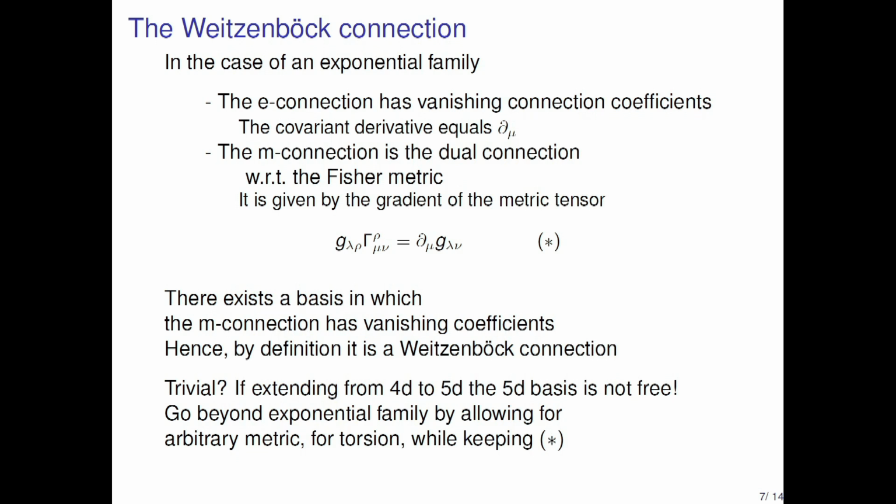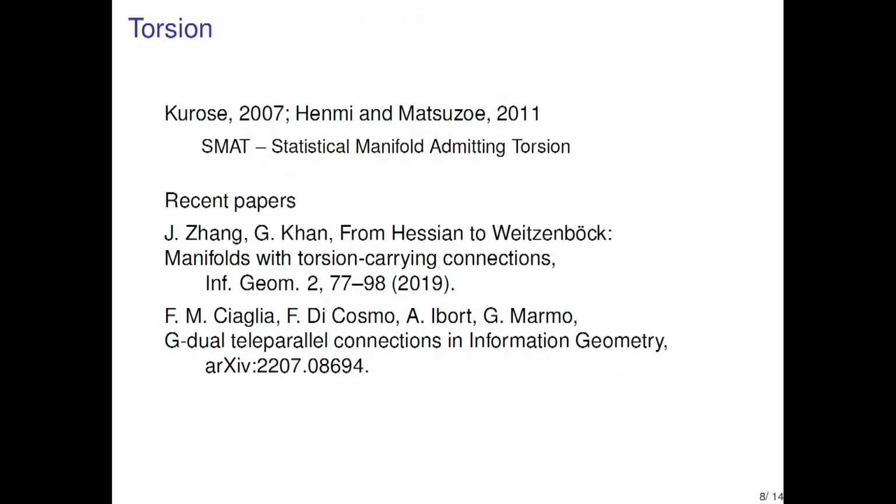And then there's only one way to take the 5th dimension. That's just orthogonal for the metric that you have. It gives me the 5th coordinate. And automatically, I'm looking for a flat geometry, but I'm not free in choosing my basis. And that's why I use a Weitzenböck connection instead of a trivial one. What are the properties of such a connection?